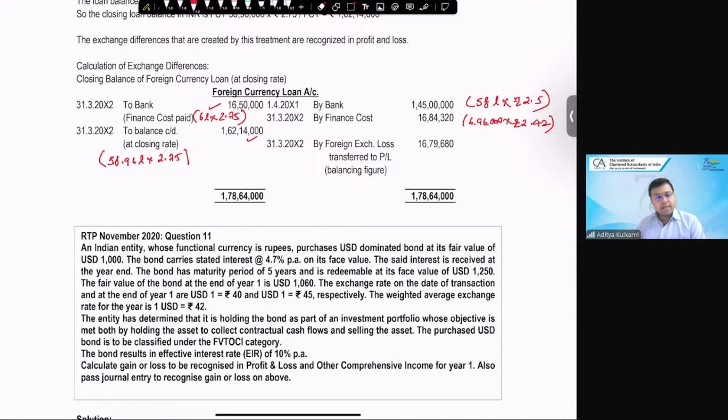Yes, sir. So the balancing figure, which is your exchange loss, is 16,79,680. Are we able to understand? Yes, sir.